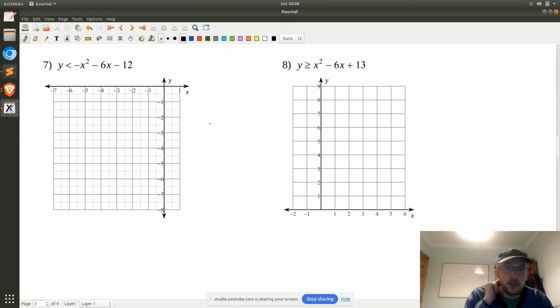Just do b squared minus 4ac. So 36 minus 48. So again, it's going to be underneath. The line of symmetry is minus b over 2a. So 6 over -2, so -3.